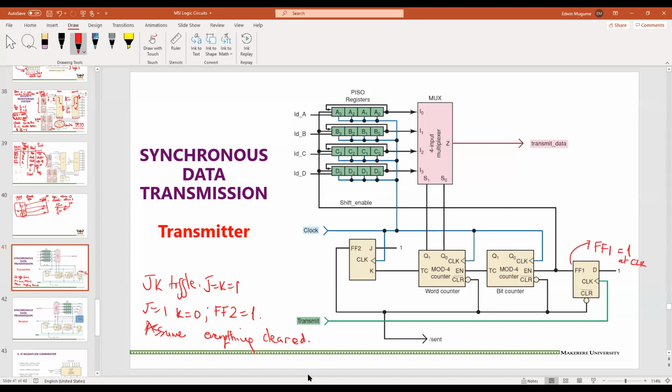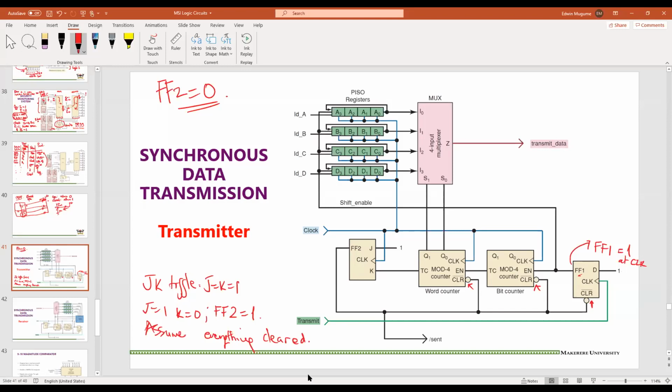If everything is cleared initially, it means that FF2 is equal to 0. And if FF2 is 0, you can see that 0 goes into the clear, and also that clear. It means that FF1 will also be 0 in that case, initially before we get the clock signal.